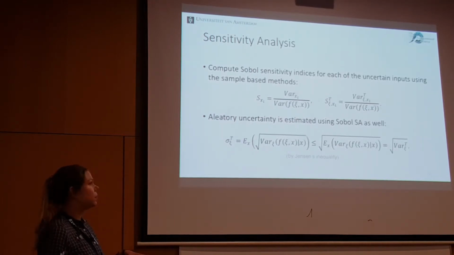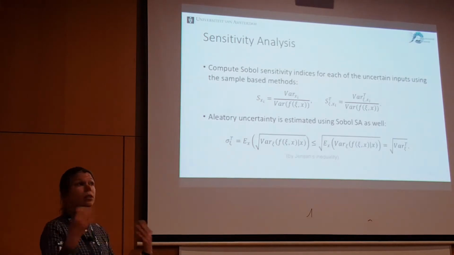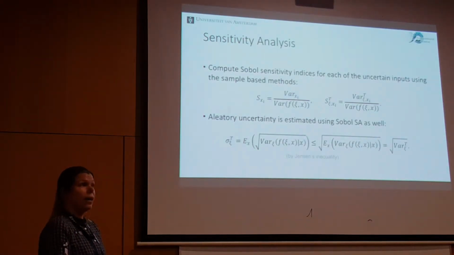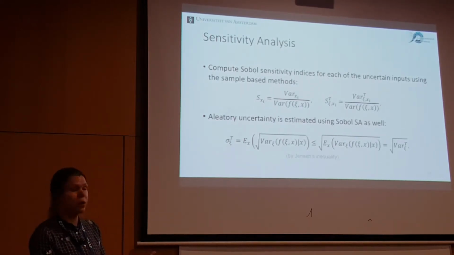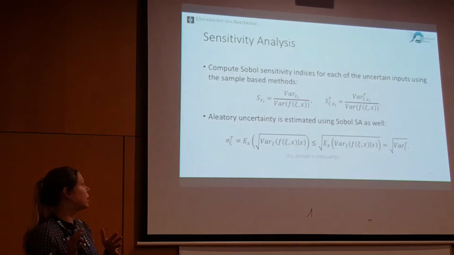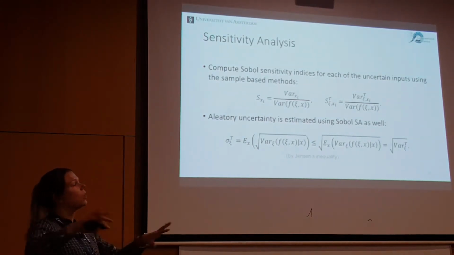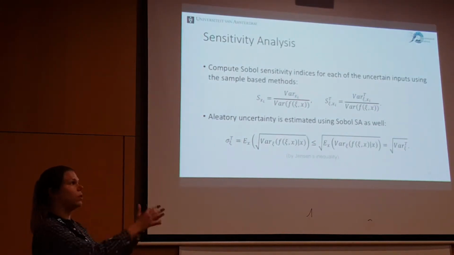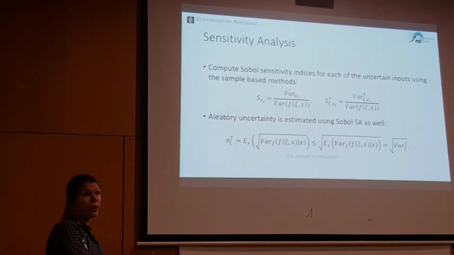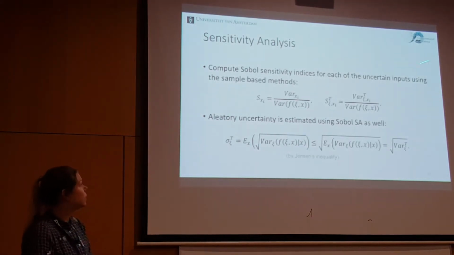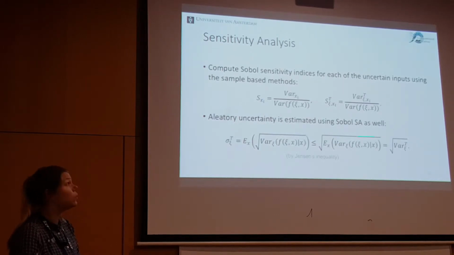This is very important because aleatoric uncertainty is an irreducible type of uncertainty. This is natural variability of your system, and this means that it will stay here. But we would like to reduce the uncertainty in our response, and this relates to epistemic uncertainty. So to understand how much of the uncertainty came from epistemic uncertainty is very important, and this was done, again, using Sobol sensitivity analysis.